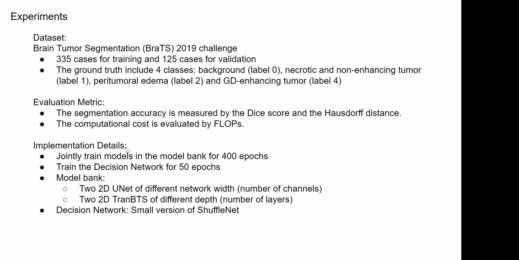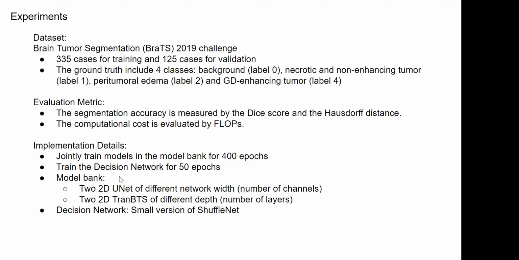For the implementation details, I first jointly train the models in the model bank for 400 epochs, and then I use those models to label the input for training the DCE networks, and the DCE network is trained for just 50 epochs.